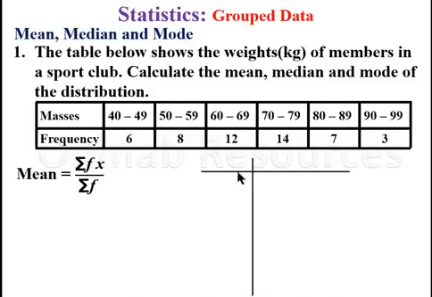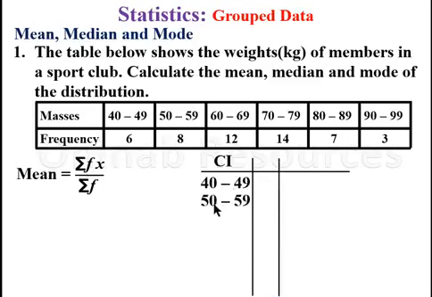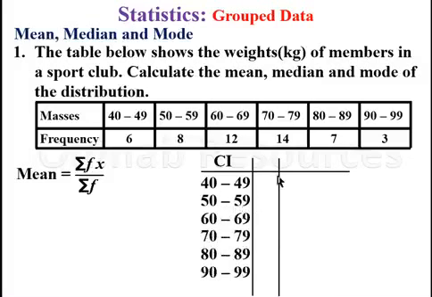Create another table. This is the class interval representing the masses, and we are going to have 40 to 49, 50 to 59 as it is given in the original table. Now we have our frequency to be 6, 4, 12, 14, 7, and 3.